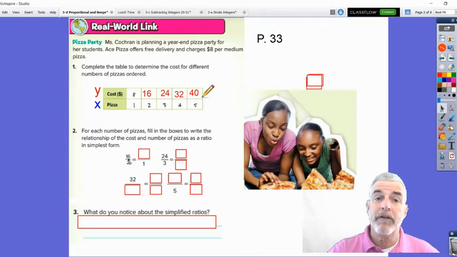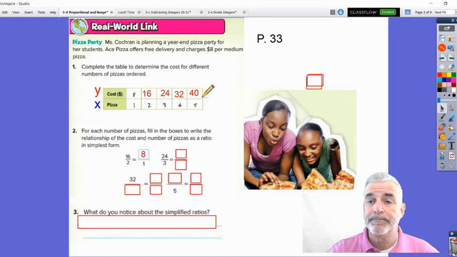Simplifying ratios is the same as simplifying a fraction. 16 divided by 2, both of these are divisible by 2, and so that's the same as 8 over 1.